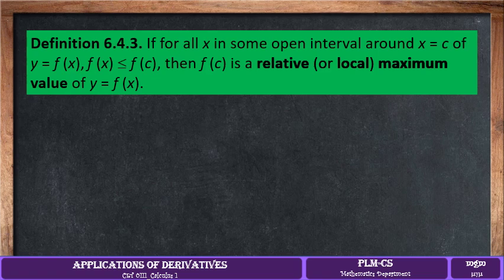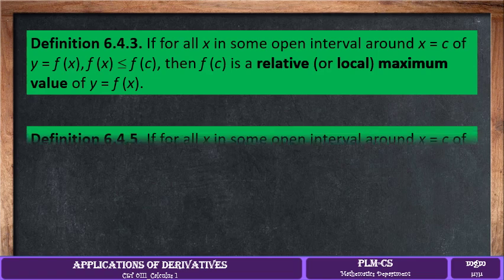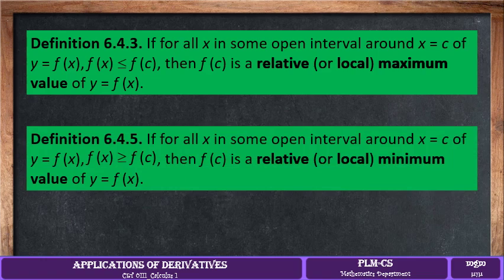Similarly, if we are after the relative minimum, we only need to consider a very obvious modification. That is, we will swap out maximum to minimum, and instead of f of x is less than or equal to f of c, we will swap it out to f of x is greater than or equal to f of c.